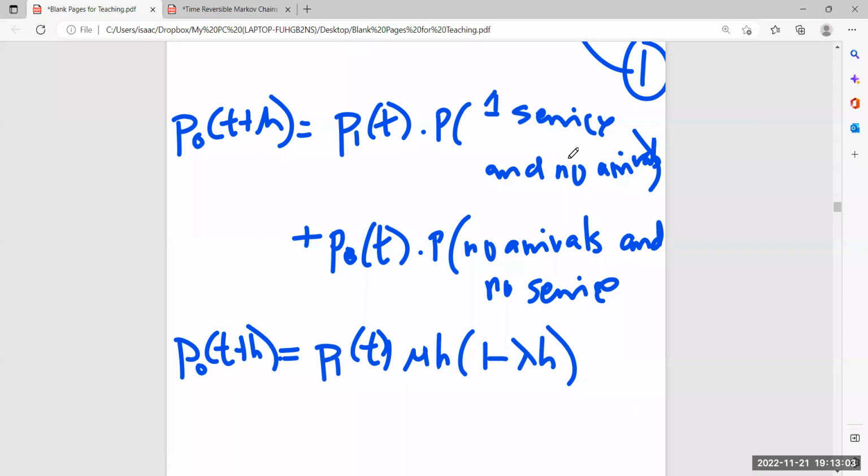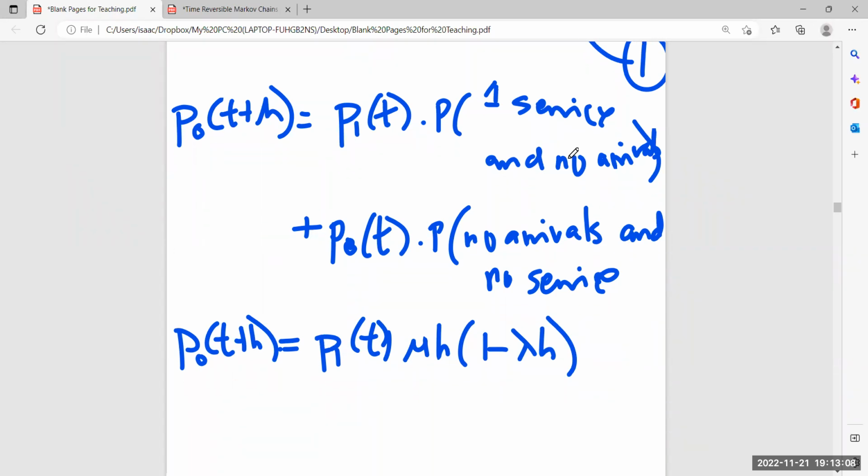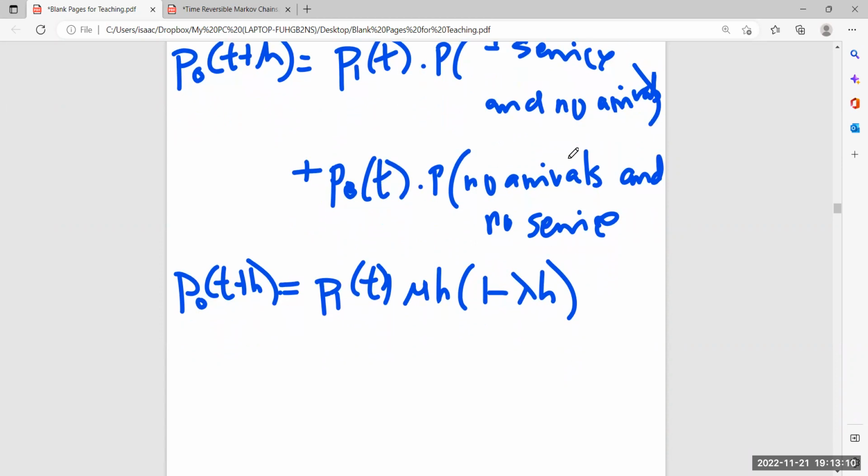So that's that. And we're going down again, I should say plus P0 at t, the probability that you have no items at time t, times the probability of no arrivals and no service.